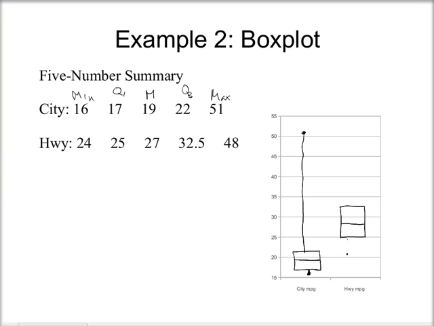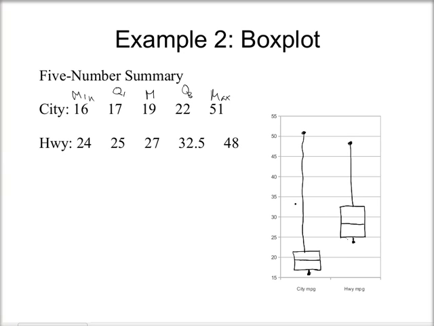And my minimum is 24. So again, my line for my minimum is not coming down very far from my box. And my maximum is 48. So that goes up to about there. So that finishes my box plots.